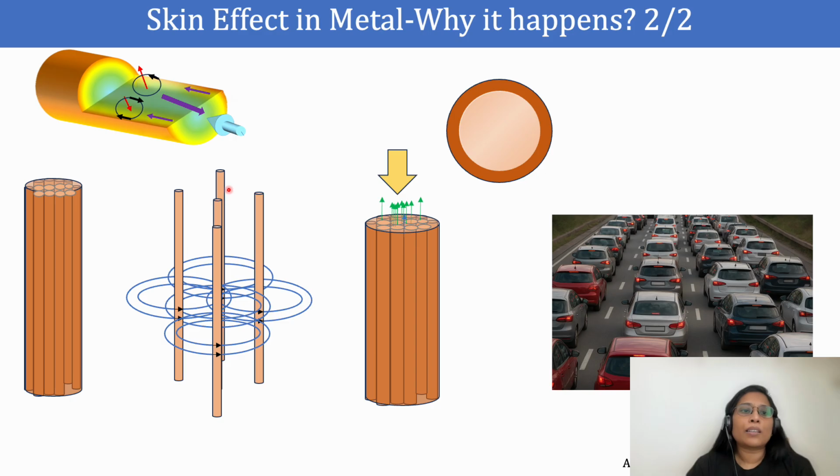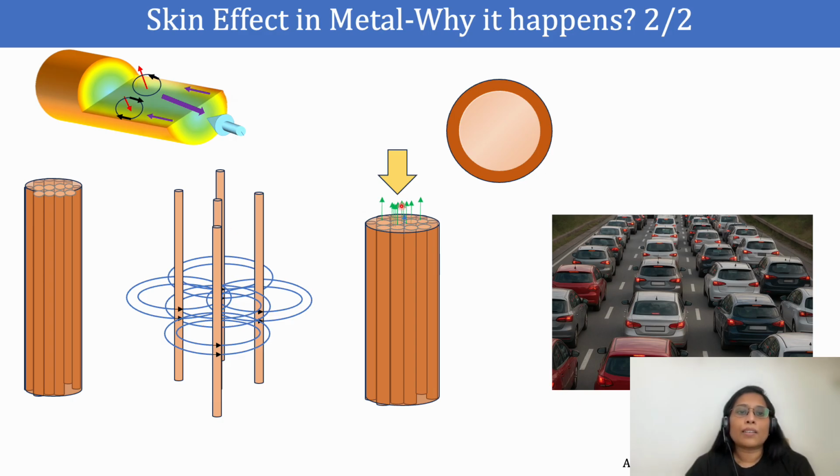That means that the opposing induced current produced by the middle conductors will be very high due to the mutual inductance from the surrounding conductors, and the surrounding conductors will be producing only less resistive current.